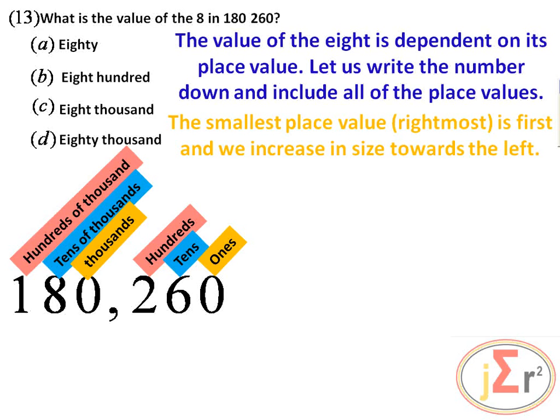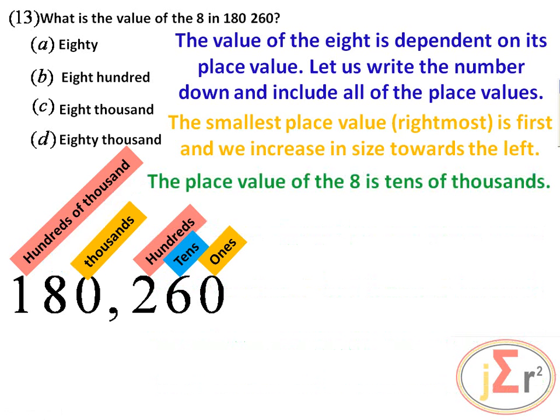The smallest place value, which is the rightmost, is first, and we increase in size towards the left. So we begin at the rightmost digit, which is the ones digit, then tens, hundreds, thousands, tens of thousands, hundreds of thousands. The place value of the 8 is tens of thousands.